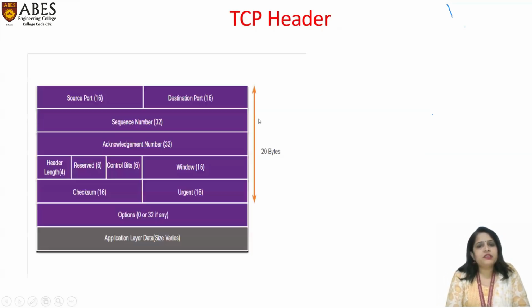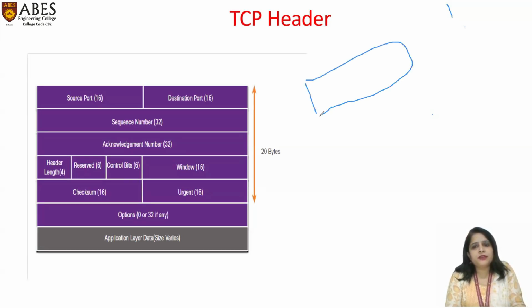Right? Now we'll discuss the TCP header format. The TCP protocol basically transmits segments from sender to receiver. Here the TCP segment is divided into two parts. The first one is the TCP header and the second one is the TCP payload.